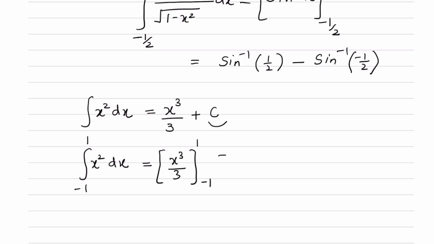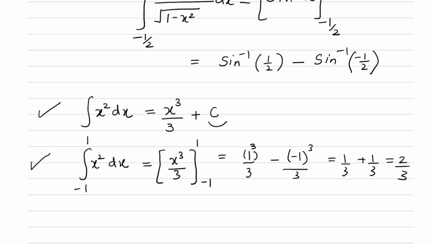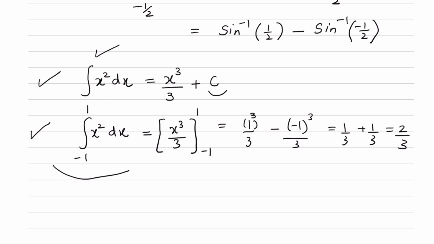Minus 1 to 1, it gives you 1 cube by 3 minus minus 1 cube by 3. It gives you 1 by 3 plus 1 by 3, which is 2 by 3. So the purpose of giving these two examples is to show that when there is a definite integral like this, you don't add a constant after finding the solution of the integral. But in an integral without limits, once you solve the integral, you put some constant in your answer.